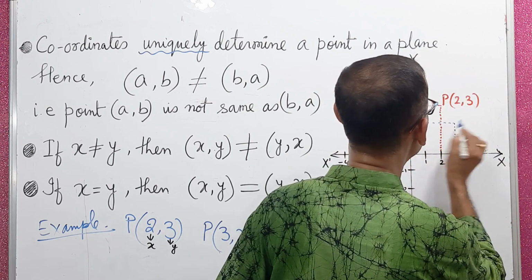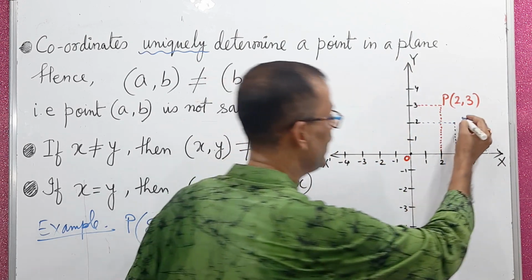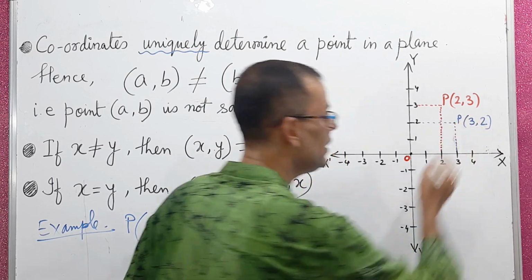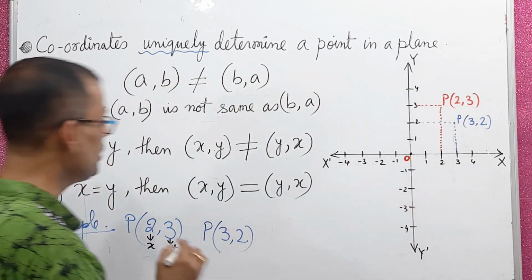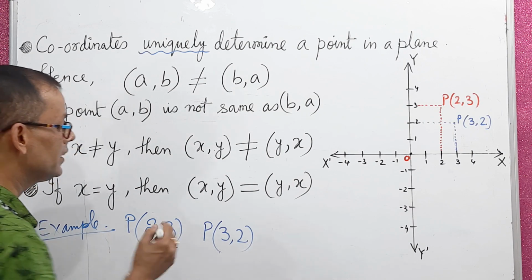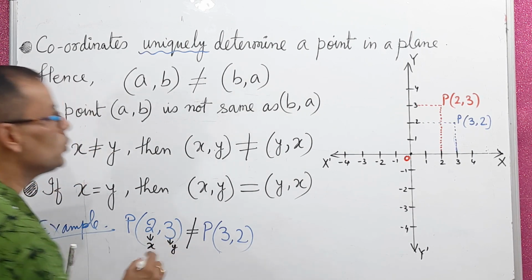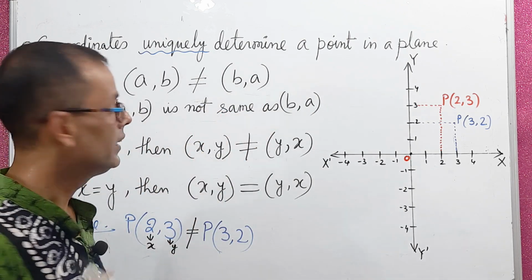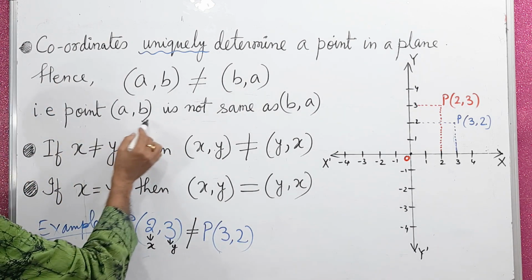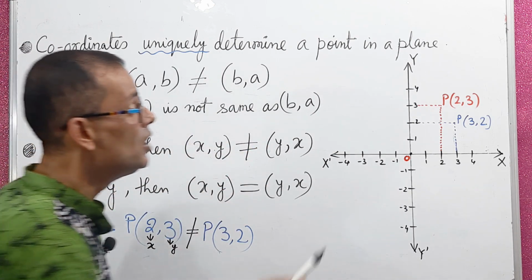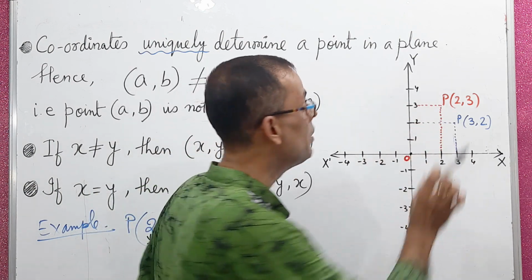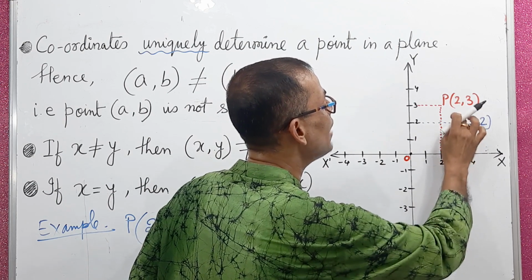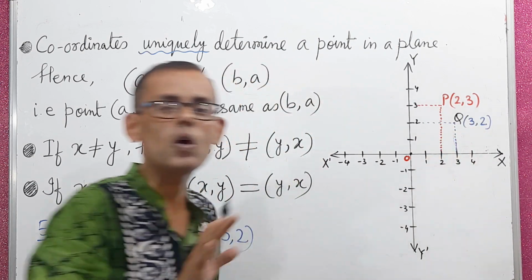So this point is (3, 2). And if I say this one is P, are they same? They are not same. So that's why we write in between, not equal to. That's why (a, b) not equal to (b, a). Clear? So that's why point AB is not same as BA. So these 2 points are not same. So I cannot write this one P and this one also P. I have to make it something else, either Q, because they are not same.